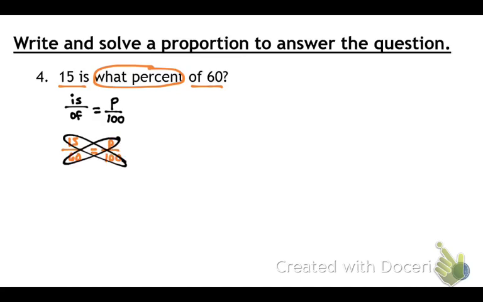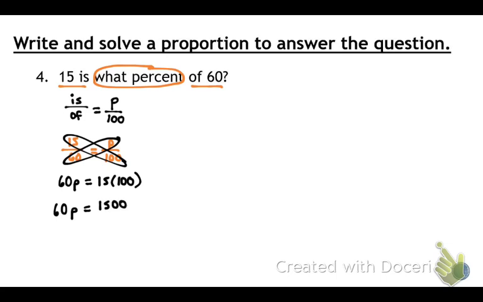We're going to do some cross products here. On the left side, remember we always want to have our variable, so we're going to do 60 times p equals 15 times 100. Huang, what is 15 times 100? What is it? 1,500. Okay, 1,500.